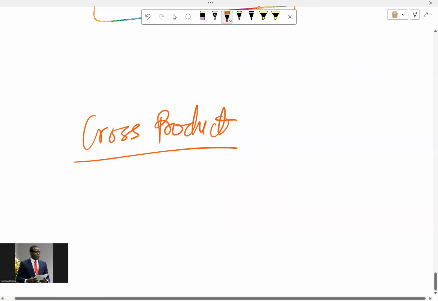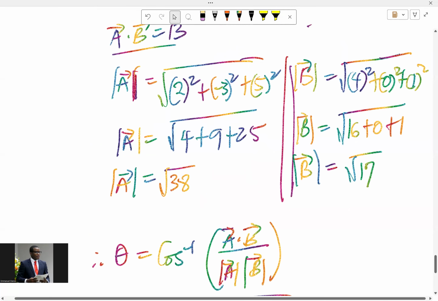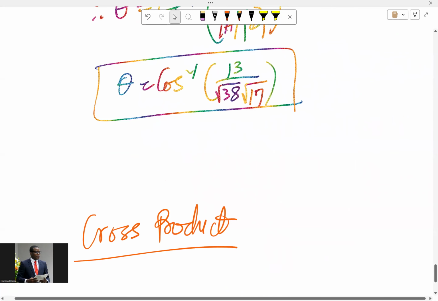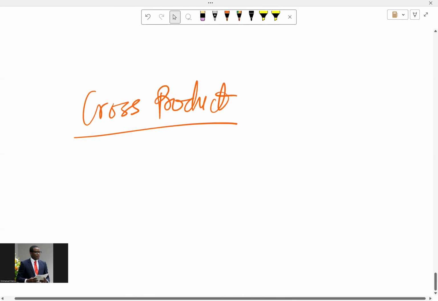When you do dot product, you get a scalar value, a number, like 13. But when you do cross product, you get a vector. So when you multiply a vector by a vector and you get a scalar, that's dot product or scalar product. But when you multiply a vector by a vector and you get a vector, then that is cross product.